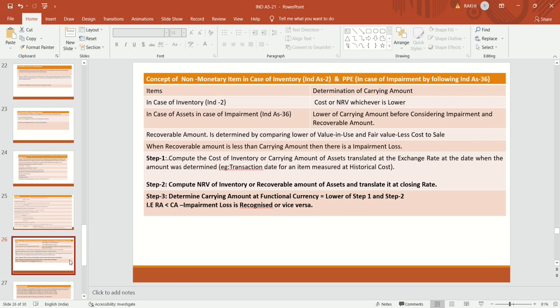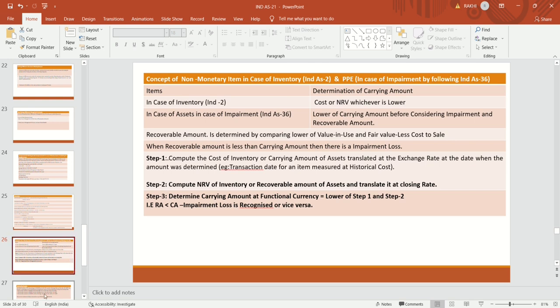If the carrying amount is less than the recoverable amount, then there is no impairment. If the recoverable amount is less than the carrying amount, then there is an impairment. If the carrying amount equals the recoverable amount, then there is no impairment.